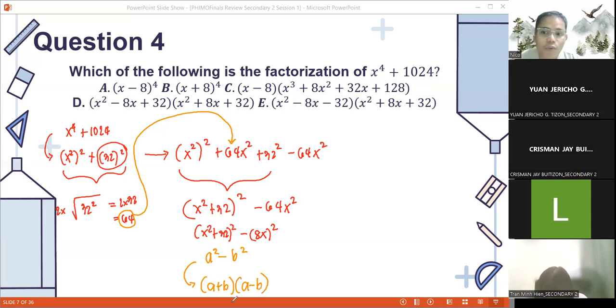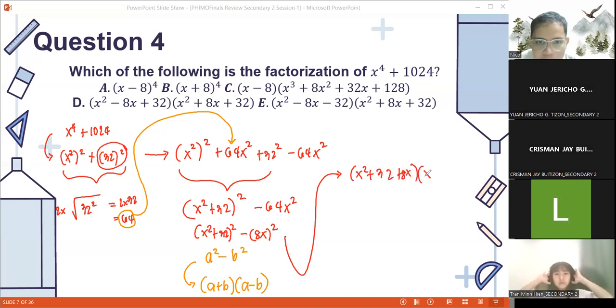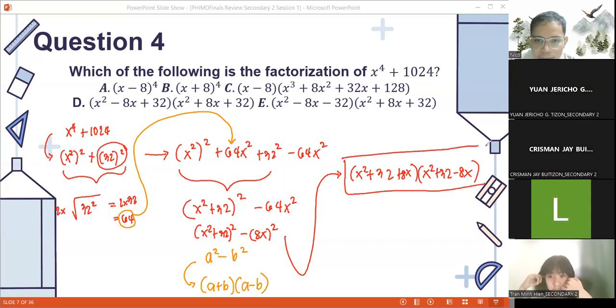So we made it into factors already. That's why it's called factorization, because we make it as factors. So we now have x squared plus 32 plus 8x times x squared plus 32 minus 8x. And this is our final answer.